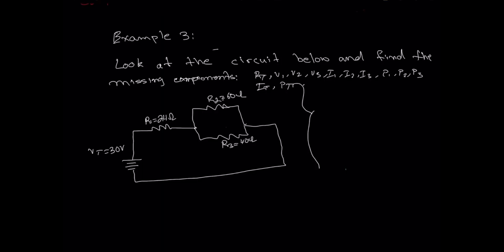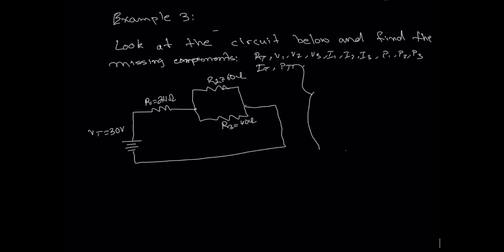Okay, since you guys are ready, let's go to example number 3. And this example is relatively easy, easier than what we had before. I will solve this easier one, then I will go a little bit more complicated after that, and we will call it a day.